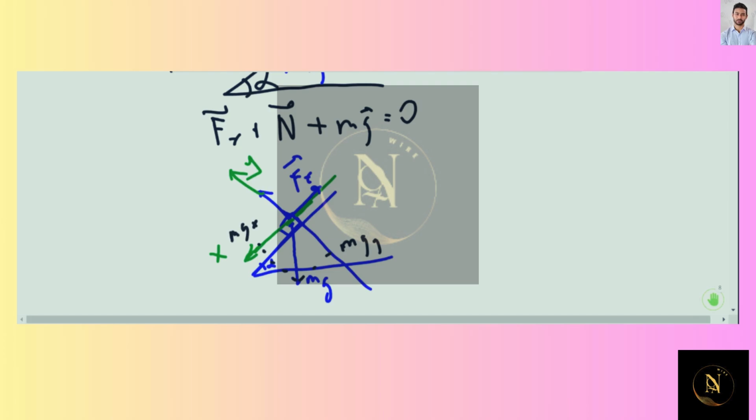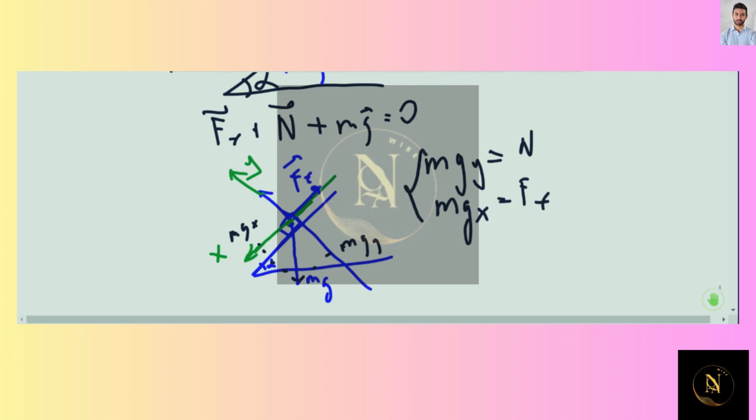So when projected on the x and y axis, the second Newton's law has the following expression. So mg_y equals N, and mg_x equals the friction force.